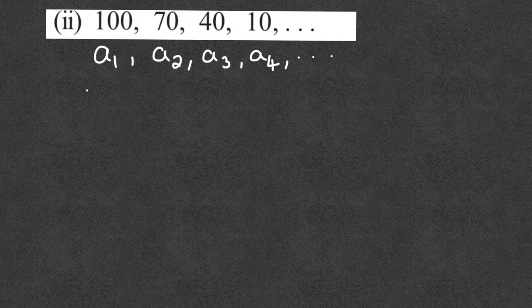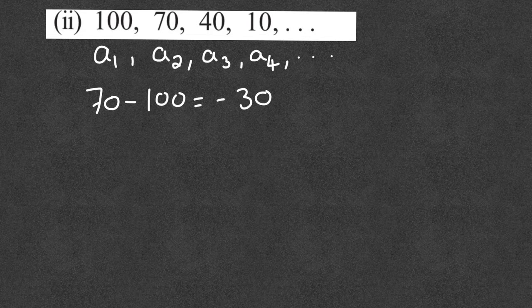Now, the second term, that is 70, minus the previous term, 100, is -30. This is the fixed number that is being added to the preceding term. So this is called the common difference. Let us denote it by D. This is called common difference, CD, if we can write it that way.